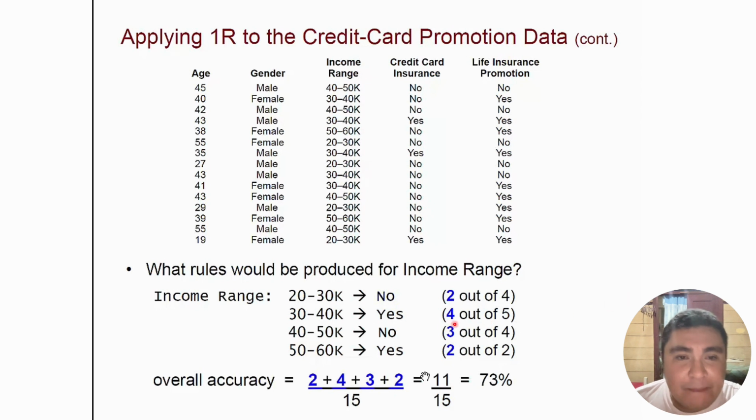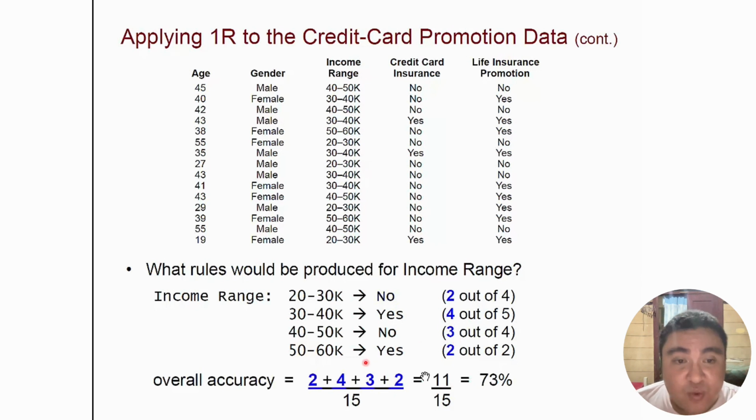Based on the training sets, you got 5, but the majority of that 5 in this particular range answered yes. So 4. Now for this range, 40 to 50K, you got 4 persons, and 3 out of 4 of them answered no. Like they will not receive a life insurance promotion.